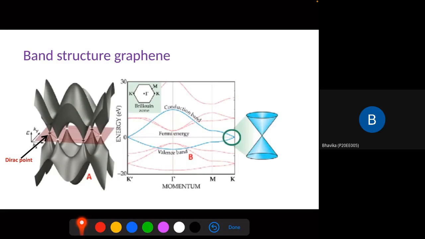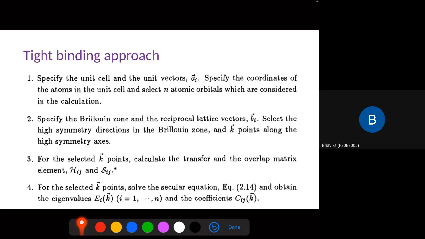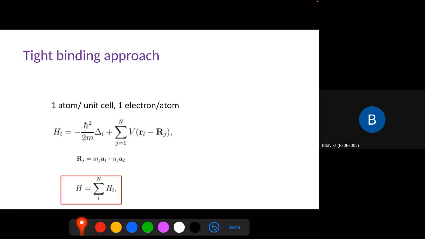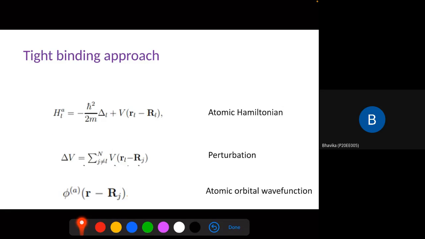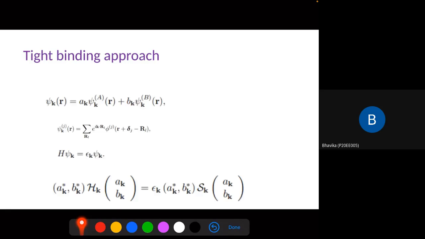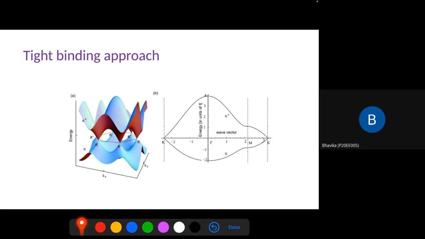Here again one can calculate the band structure, which has been discussed, so I'll skip that. But the tight binding approach shows how these six Dirac points appear in graphene, and that has also been verified experimentally.